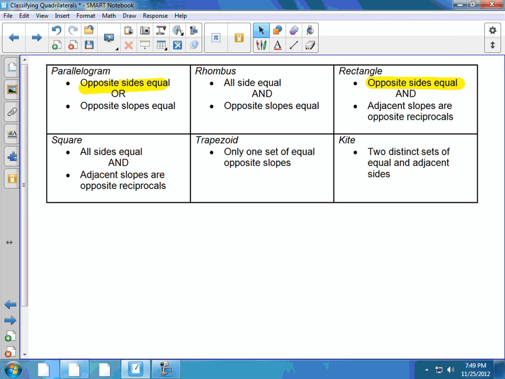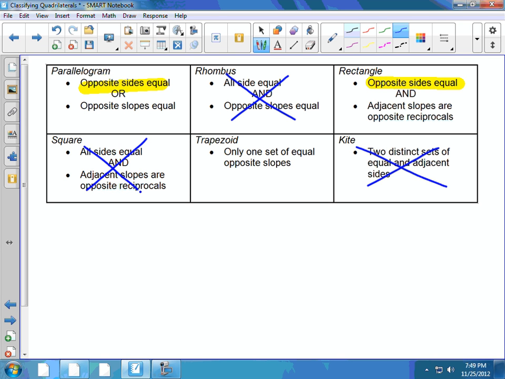It cannot be a kite, as our sets are not adjacent to each other. It cannot be a rhombus, because not all our sides are equal to each other. And it cannot be a square, as a square is both a rhombus and a rectangle. So now we have to take a look at slopes, right, to figure out whether it's a parallelogram, trapezoid, or rectangle.